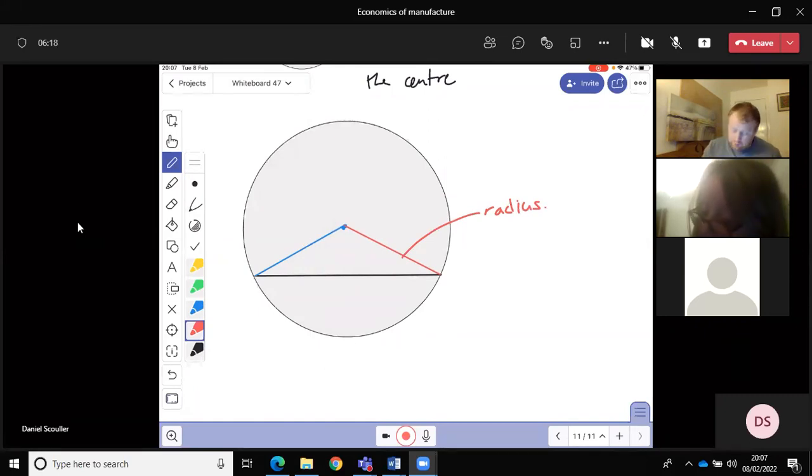Now, with that, we can bring a line down from the centre to cut that chord. 90-degree angle. Why that's relevant to us right now is we can use the radius, the chord, and a line cutting that chord at a perpendicular angle to create a right angle triangle.